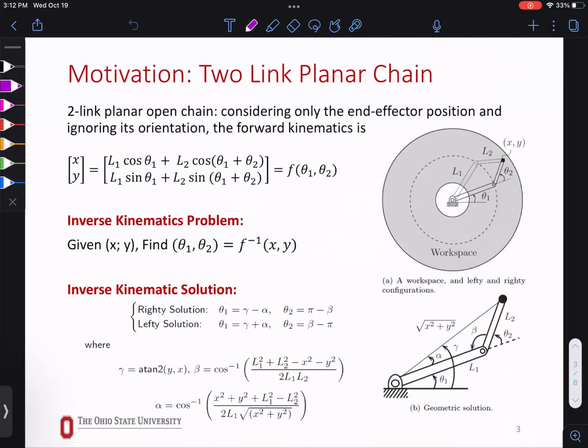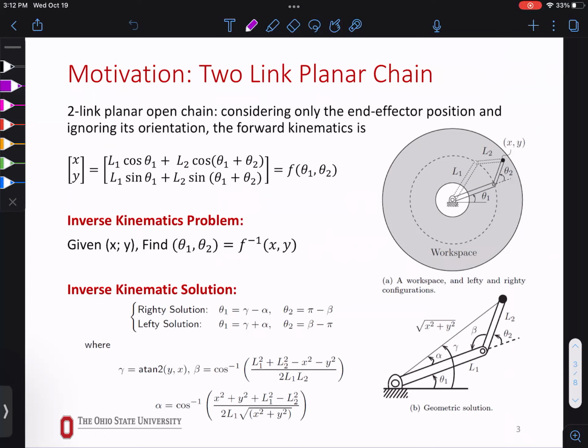All right. This is, I think, your first slide, right? Here's an example of what you mentioned, a 2-link planar chain. Let's say that you need to get to point X and Y, right? For the robot, if we just concentrate on position, so right now we're not talking about orientation, this is fine.